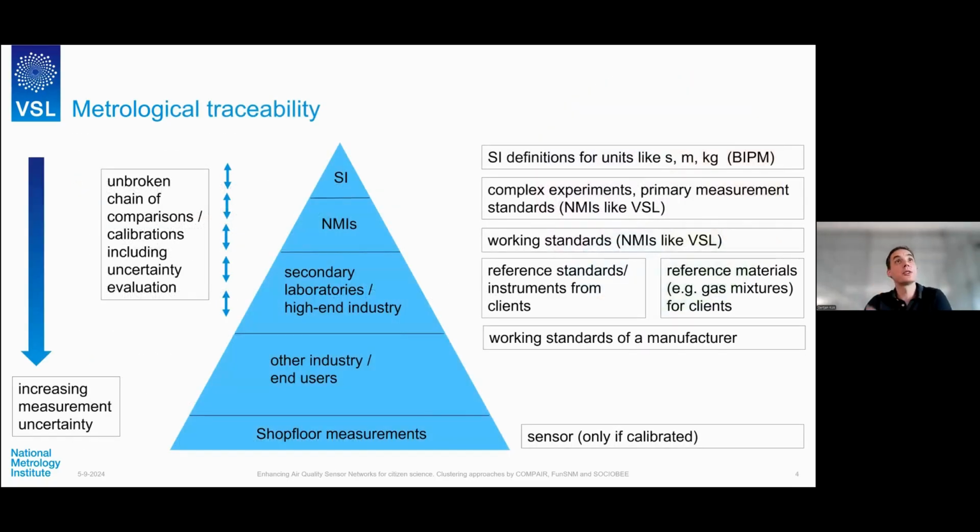Then we come to metrological traceability. A measurement is metrologically traceable if there is an unbroken chain of comparisons or calibrations, including an uncertainty evaluation, that relates a specific measurement result back to the definition of the SI units.